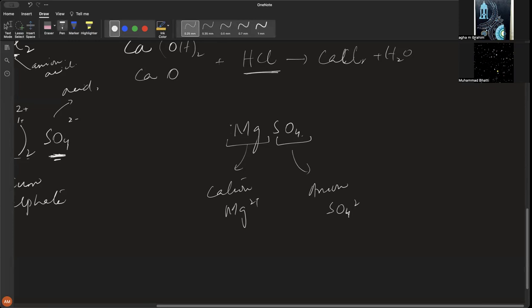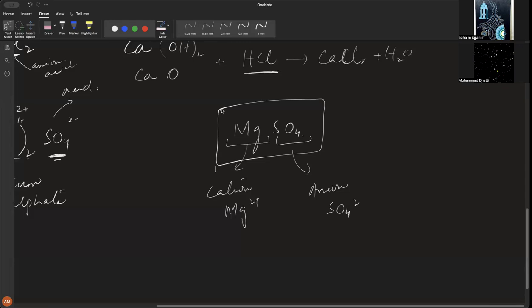How would this salt be formed? How in this world are salts formed? By acid base reactions, right? Acid carbonate reactions too, but at the moment we are only talking about acid base reactions.